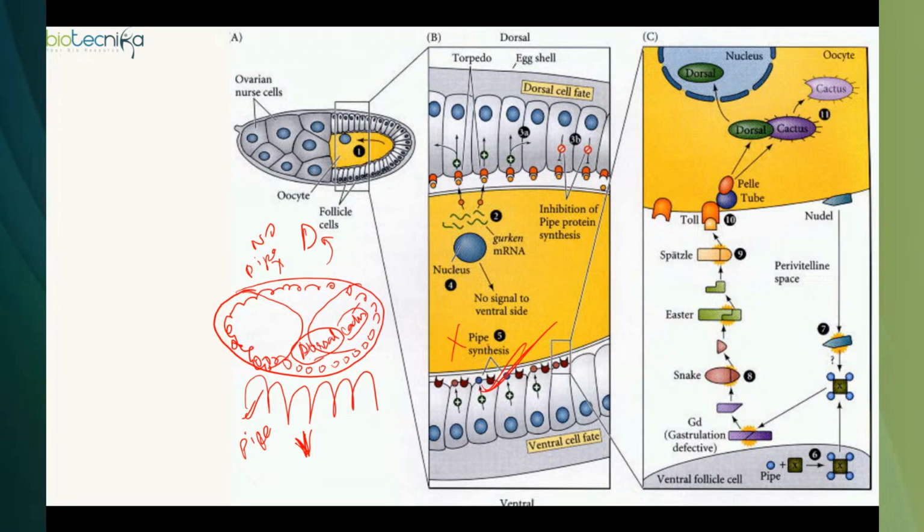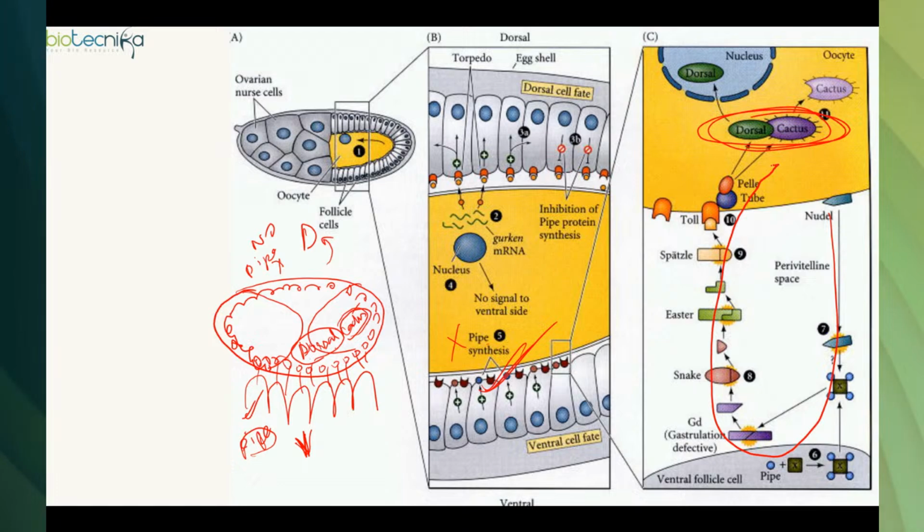So what exactly is this signaling? See, this dorsal is bound by cactus and it is present all over the cytoplasm. But towards the ventral side, the follicle cells release the pipe, which gives some kind of signaling.